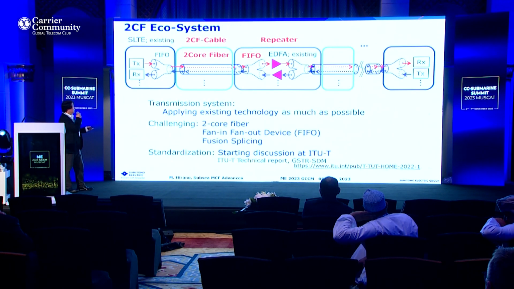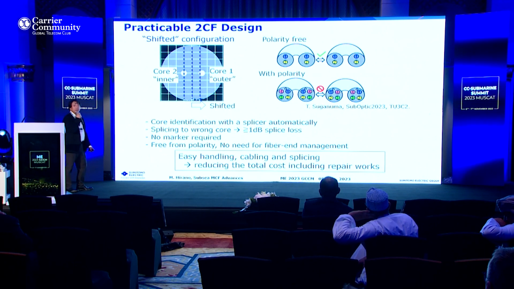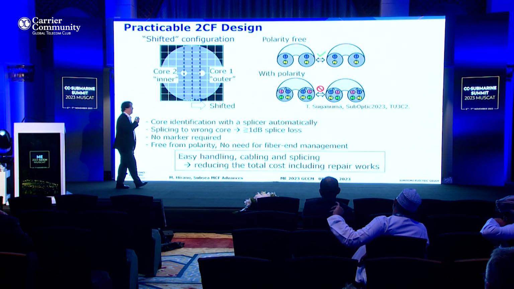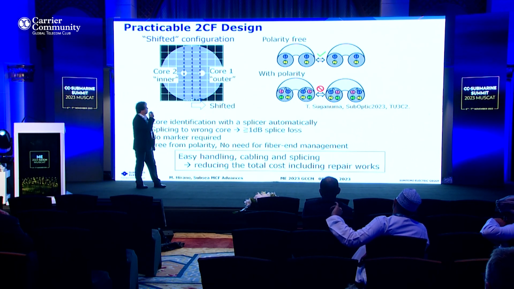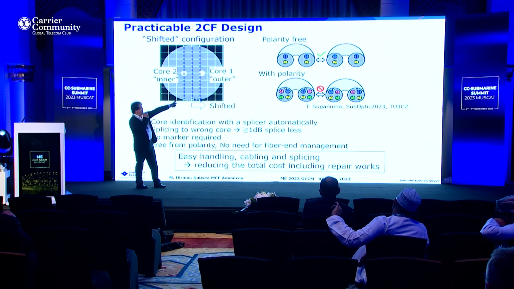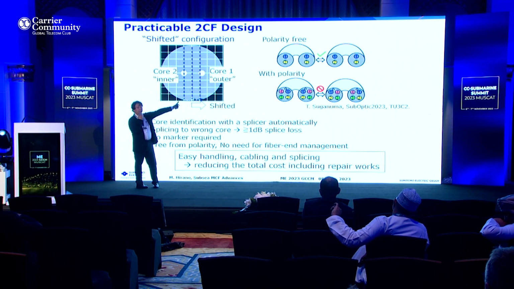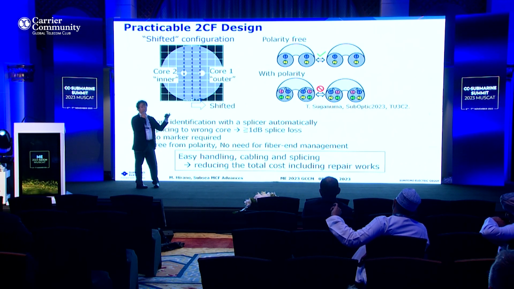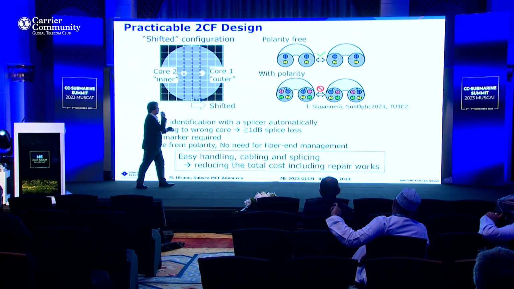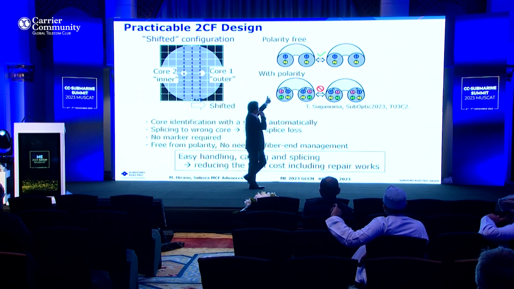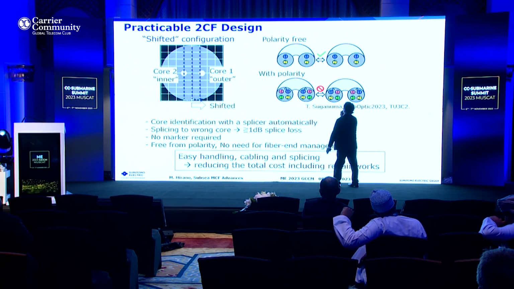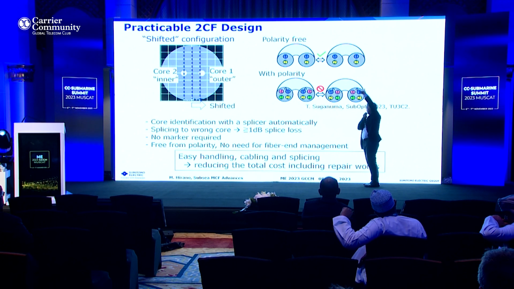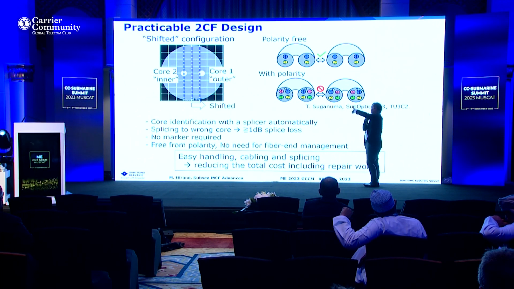And another question is about the polarity. Yes, this is a little bit difficult. If you put the fiber in the wrong direction into the cable, with the two-core fiber, core 2 will be on the upper side and core 1 on the lower side.